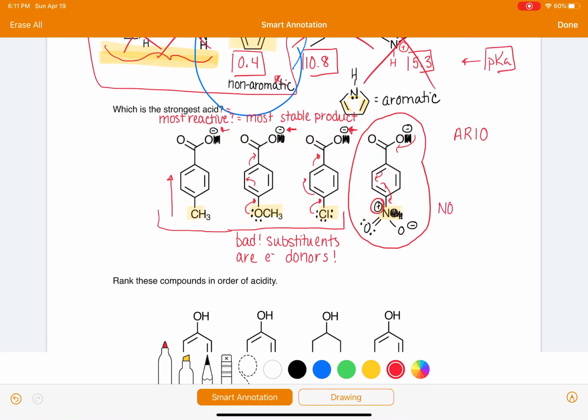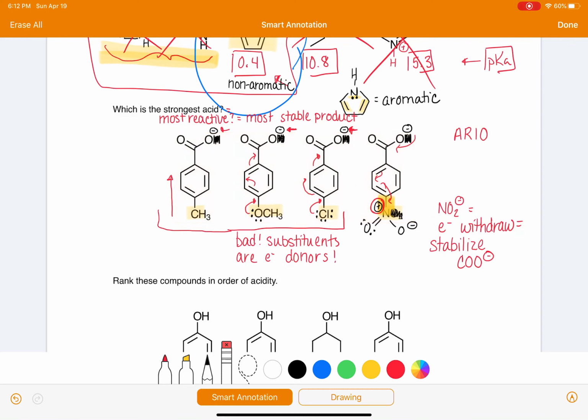So this NO2 group, because it is an electron withdrawing substituent, will stabilize the COO minus group. And it's only able to do that when it is in the para position or the meta position relative to the O minus. That was another thing that we saw. If it is in the wrong position on the ring, it's never going to be helpful at all.